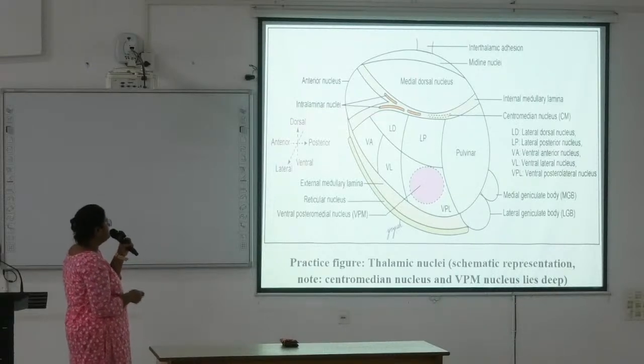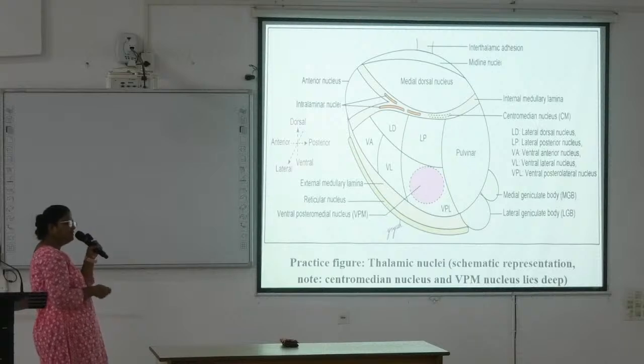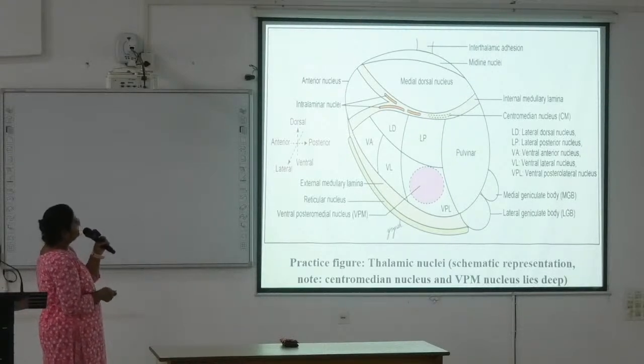Within the lateral part, you can see the ventral tier and dorsal tier of nuclei. The dorsal tier contains these three: lateral dorsal, lateral posterior, pulvinar. The ventral tier consists of ventral anterior, ventral lateral, ventral posterior. Ventral posterior again has two nuclei, ventral posterior lateral and ventral posterior medial.